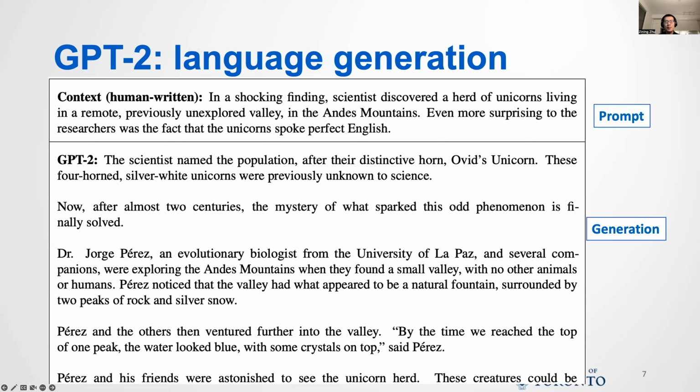I want to make another comment about the terminology. At that time, the OpenAI researchers referred to the prompt as context, and there's a difference between calling it prompt and calling it context. If you say context, you expect the model to write a story following the context that you set up.